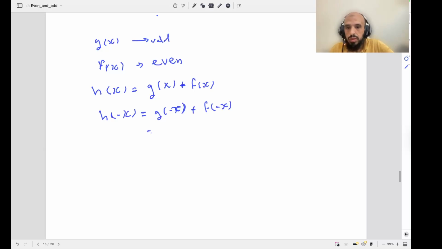So this is going to be equal to negative g of x plus f of x.